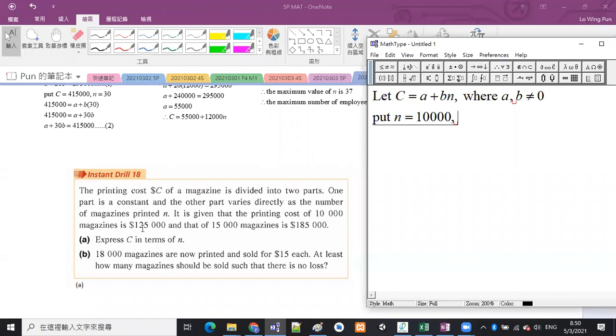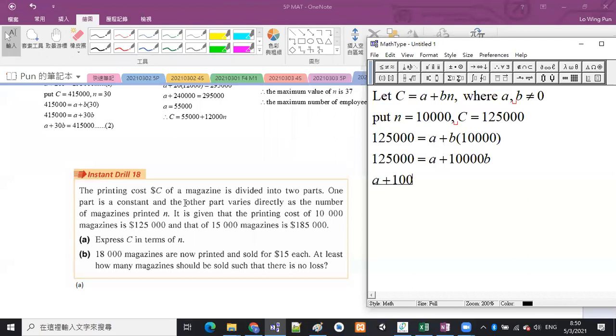And the cost is 125,000. So that is C. C equals 125,000. Okay, so 125,000 is equal to A plus B times 10,000. Okay, and then A plus 10,000 B. Right, unknowns on the left and numbers on the right. Label this to be equation 1.